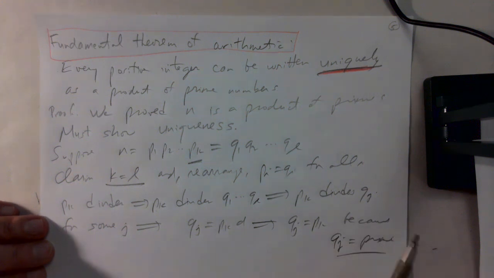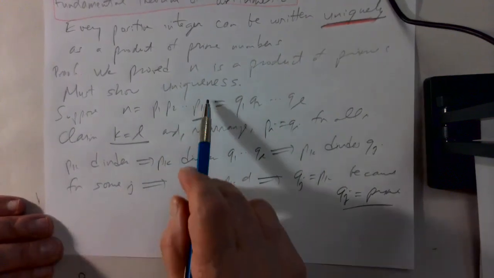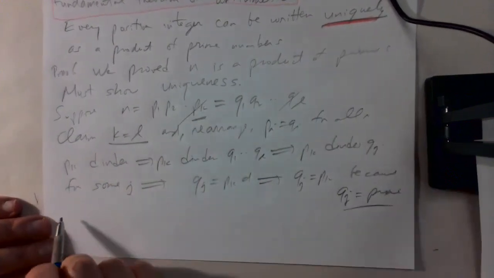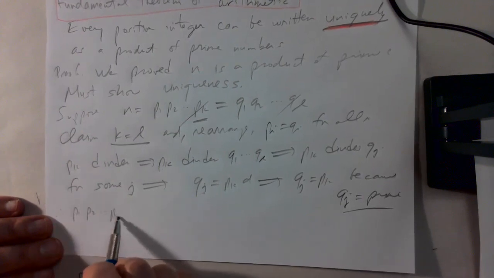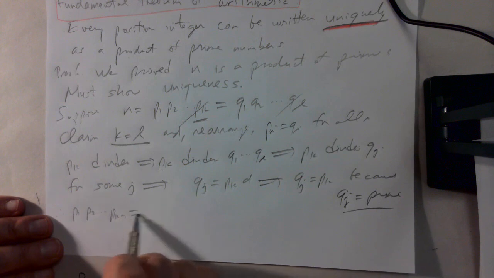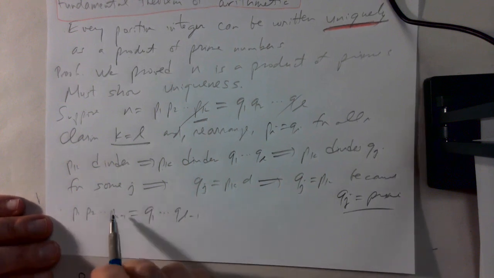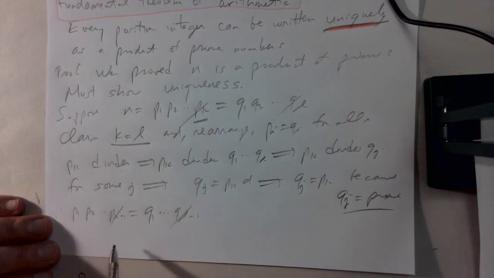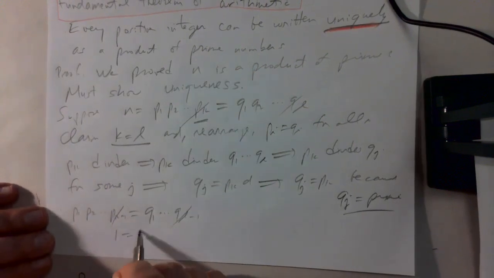It doesn't factor. So I can cancel it from this expression. And I get p1 up to p sub k minus 1. Let me just renumber the things on the right. It's q1 up to q sub l minus 1. And then step by step, I can cancel primes until finally I end up with 1 equals 1.